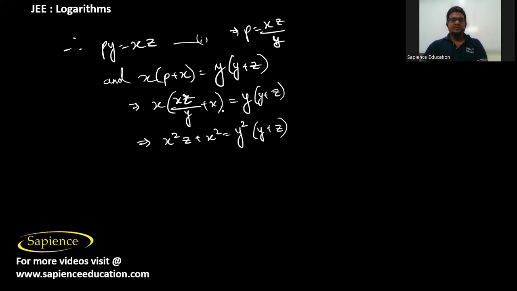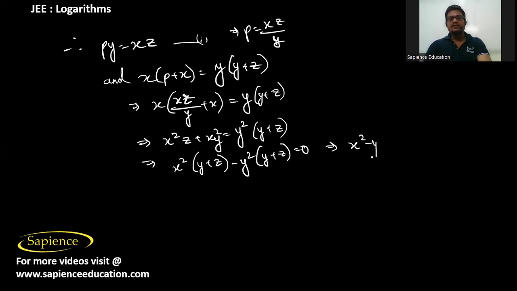So from here you can write x square into y plus z minus y square into y plus z equal to 0. So from here we get x square minus y square into y plus z equal to 0 if we factorize it.